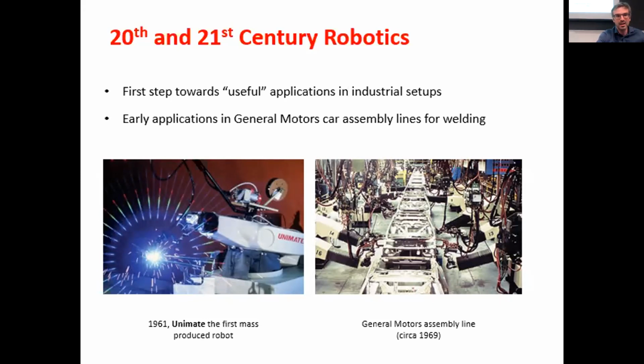Especially in the automotive field, wherever there was the mass production of cars, welding was very important in the assembly lines to put together the parts. And one very important requirement for welding is that the position of the welding tip should be very precise, otherwise the welding is cutting or breaking.